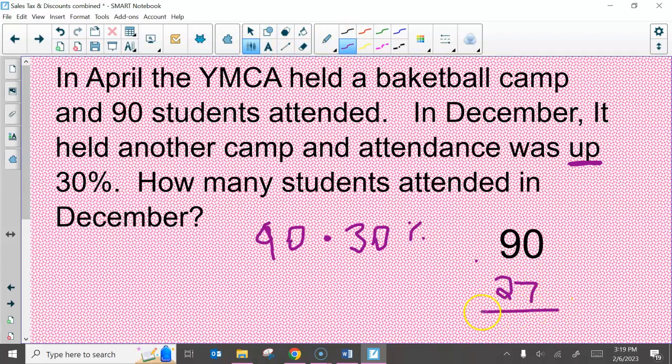So that would figure out that there are now 117 students at the camp. Okay, all we did was take our total times 30%, which gave us 27. And because attendance is going up, it's going to be higher, so we added those two together. So we're going to have to look for some key words that'll tell us whether we're adding or subtracting.